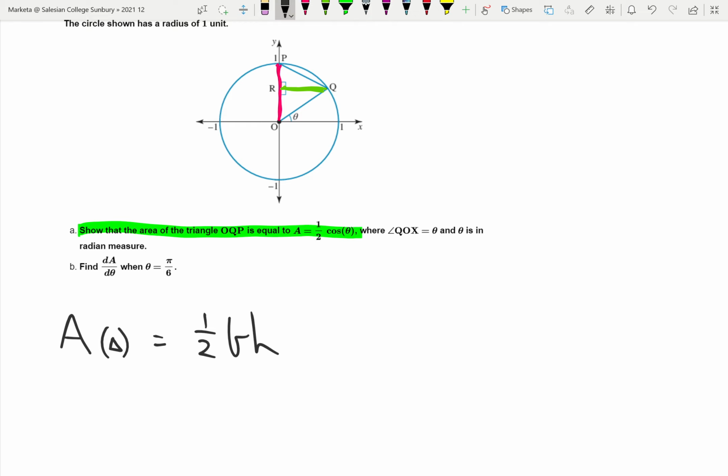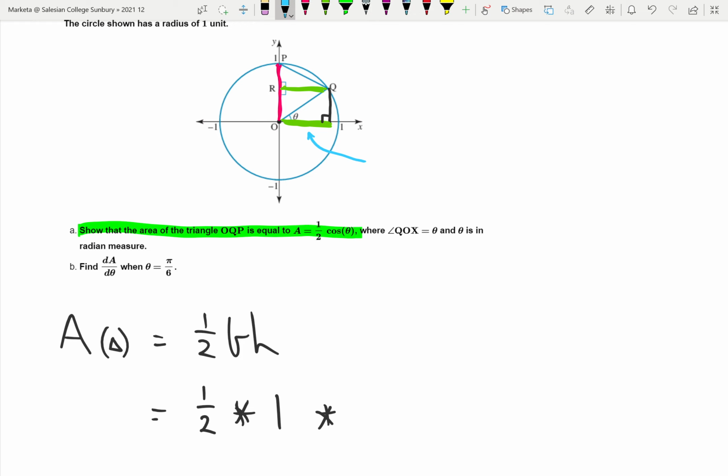So we can see that the base is 1, so half times 1, but the height might be a little bit more tricky because, well, you don't have a value there. What we can do though is we can use this triangle and we can see that that green line is the same as if it was on the bottom. And this is a right angle triangle, and well, we know that this is the cos value.